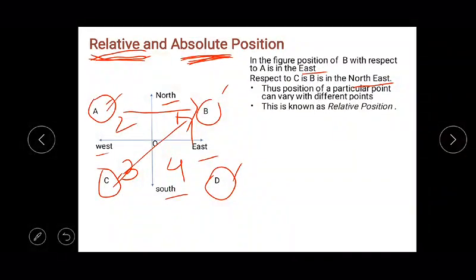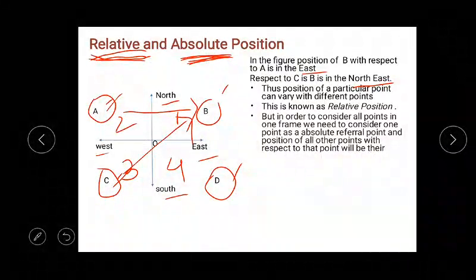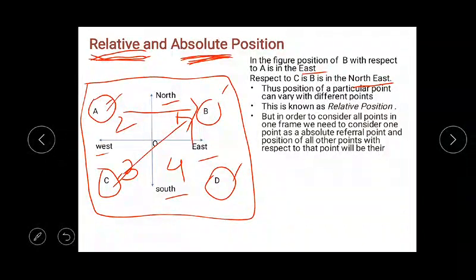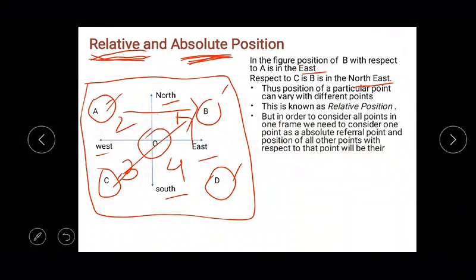Okay, clear? Now in some cases, let's say we want to consider this whole in one frame, then we have to take one absolute point, a position which is fixed. Okay, a fixed reference point, an absolute reference point. In this case we take O as the fixed reference point.